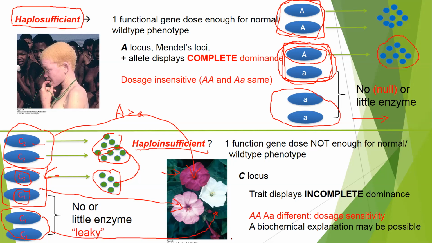So that's the white. All right. Sometimes we call this incomplete dominance, and some people say incomplete dominance is kind of equivalent to codominance because both alleles are expressed in this situation. So I hope this can help us understand the difference between haplosufficient versus haploinsufficient.